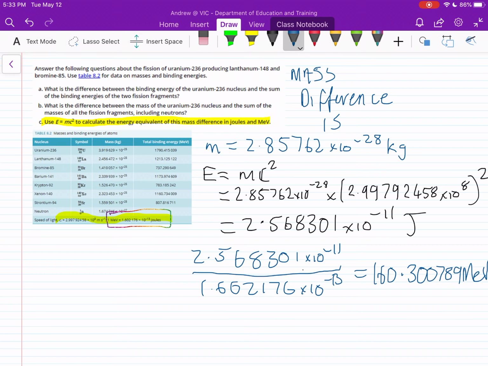And then just remember at the end, state the solution. So you could write something like the energy equivalent of this mass, because that's what's happening there. And this is how we explain where this mass has gone.